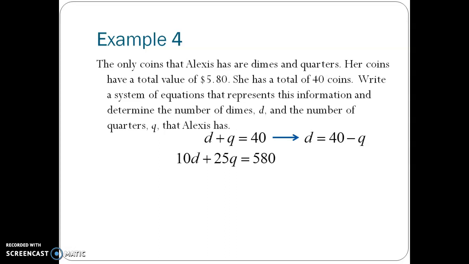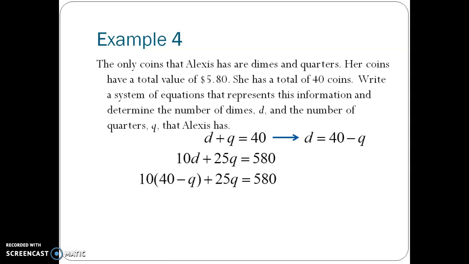Now comes the substituting portion. I'm going to take this 40 minus Q and I'm going to substitute it into the second equation where I see D. So instead of 10 times D, I'm going to have 10 parentheses 40 minus Q. And then I write the rest of the equation.